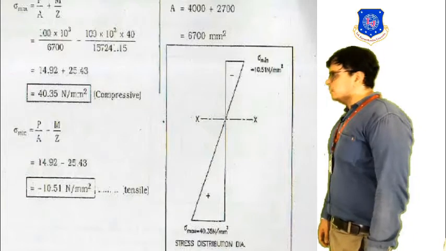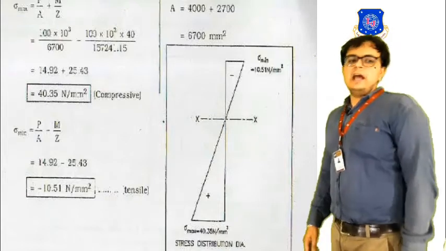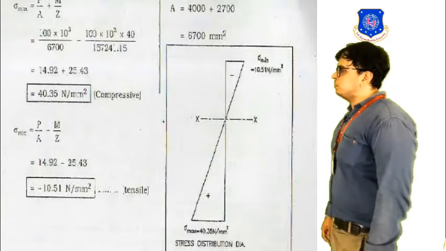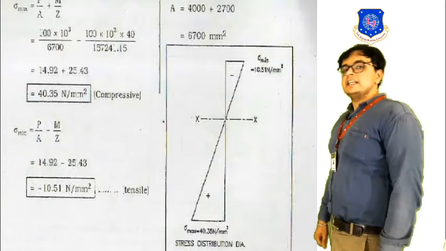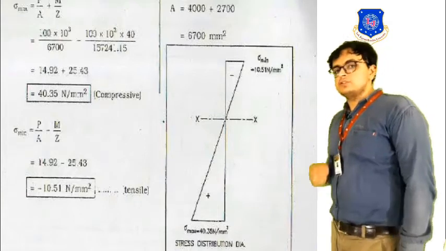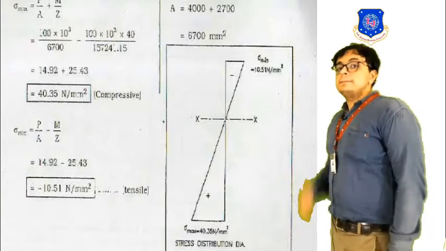Now, it's time for the minimum stress. Okay. So, the formula to find the minimum stress will be equal to sigma 0 minus sigma b, where sigma 0 stands for direct stress and sigma b stands for the bending stress.